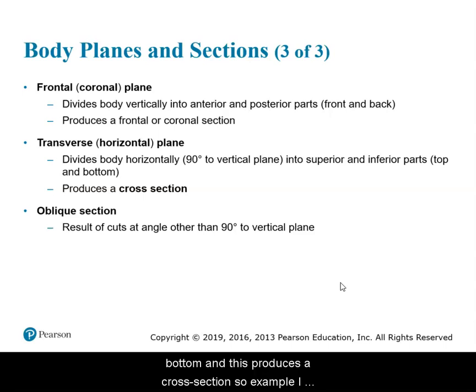So an example I like to give is, imagine a magician, you get volunteered to lie down and they cut or saw you in half into a top and a bottom part. So that cut is being made in the transverse or horizontal plane. Now, an oblique section we don't often talk about, but basically an oblique section will result in a cut at an angle other than 90 degrees to a vertical plane.